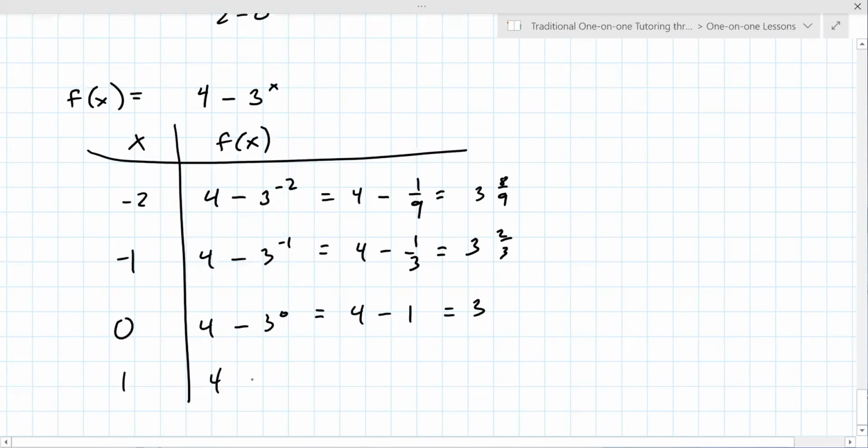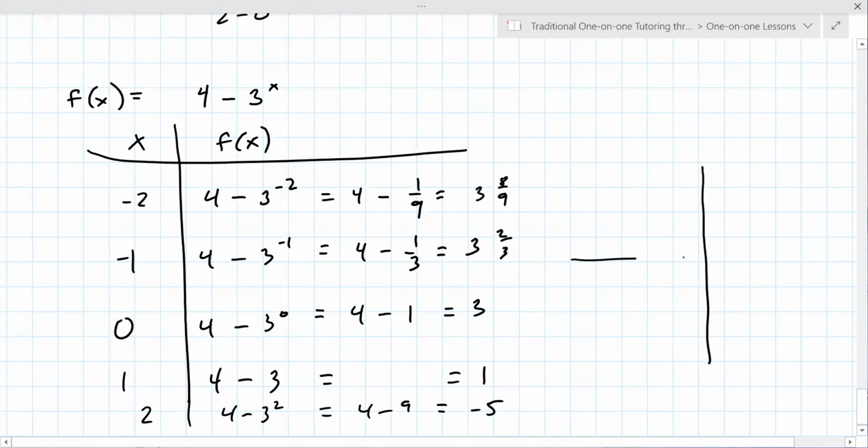And then 1 is 4 minus 3, which is 1, and 2 is 4 minus 3 squared, which is 4 minus 9, so it's -5.